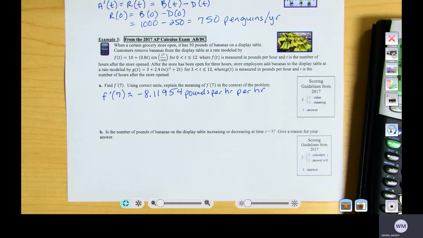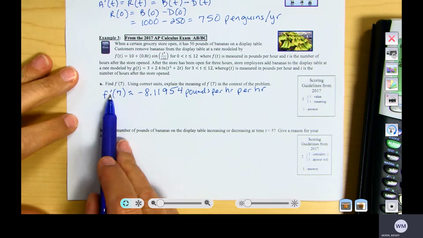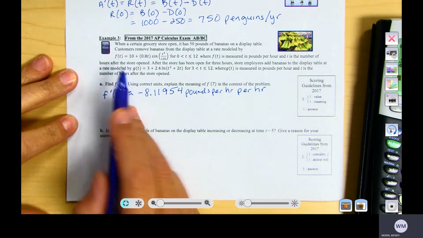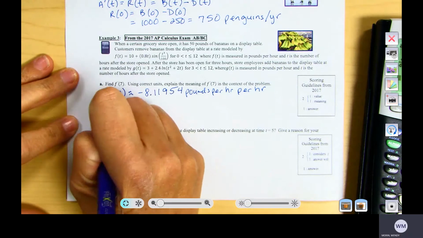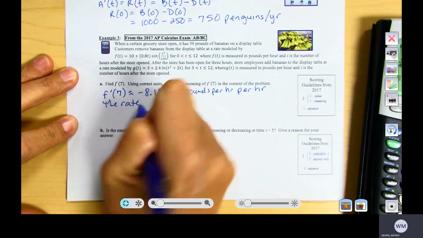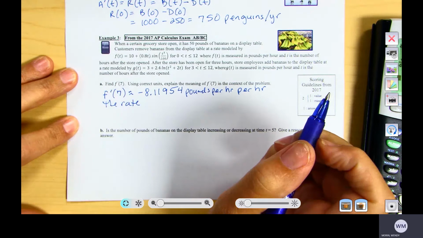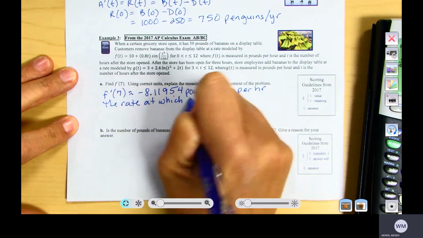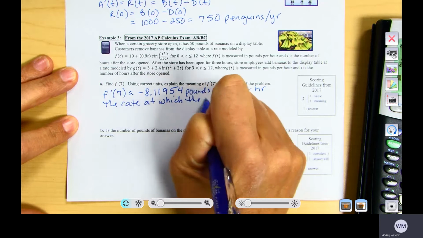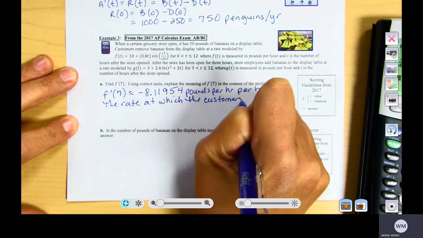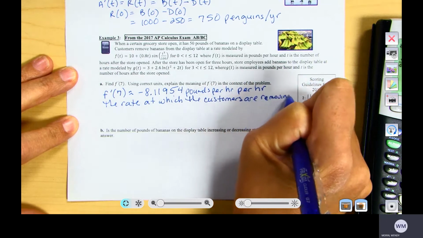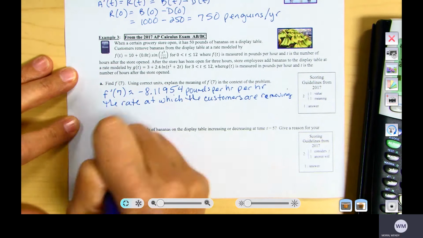Now remember, we have to use our noun. So f prime is what? It's the rate, right? It's a rate. The rate at which customers are removing the bananas.